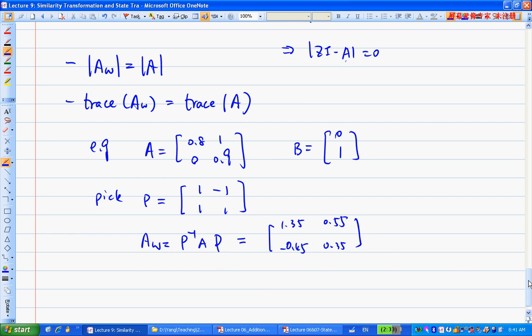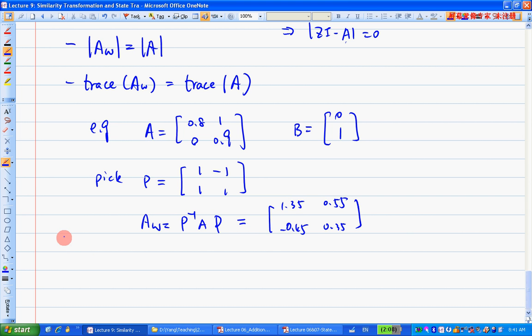Now the question is, what's the eigenvalue of A and what is the eigenvalue of AW? You need to have these simple skills for simple matrices, at least 2 by 2. So how do you get the eigenvalue? It's basically the way I just said. You take lambda I minus A, set equal to 0.